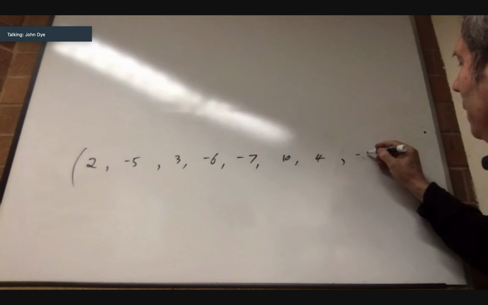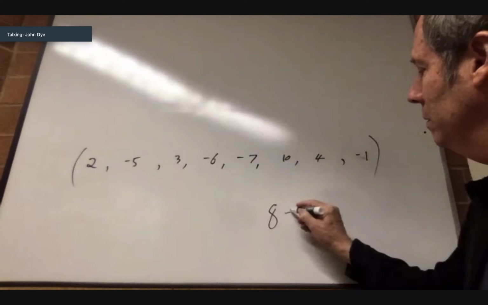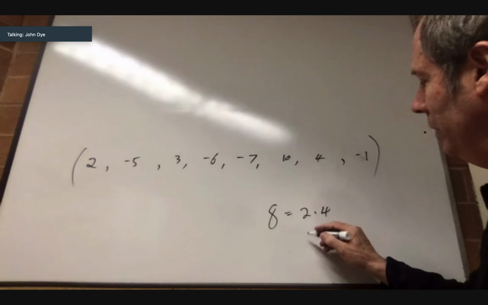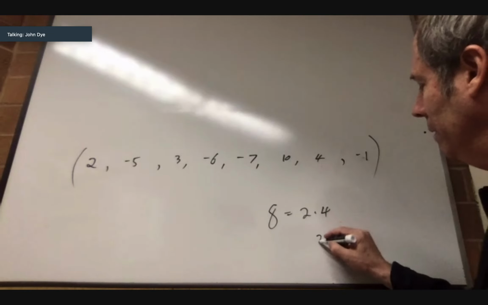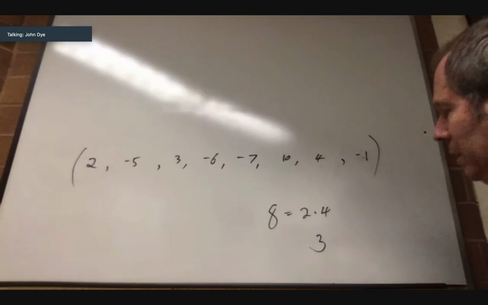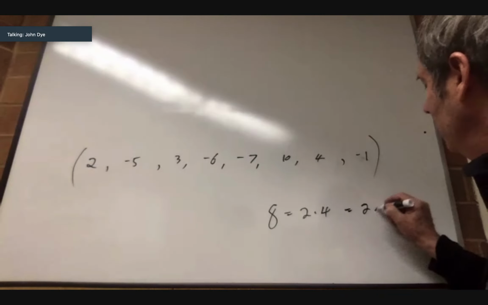So how about -1? Okay, so this is 8, right? So according to that theorem, there's a longest increasing or longest decreasing subsequence of what length? 3, right? n plus 1? Sorry, this is 2n, so n plus 1, right?